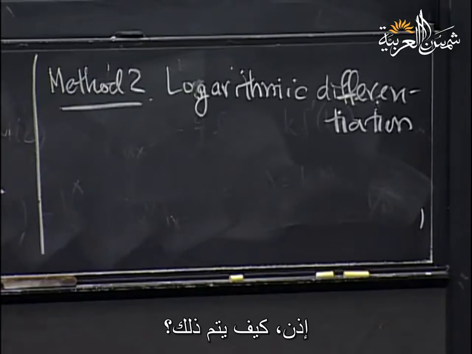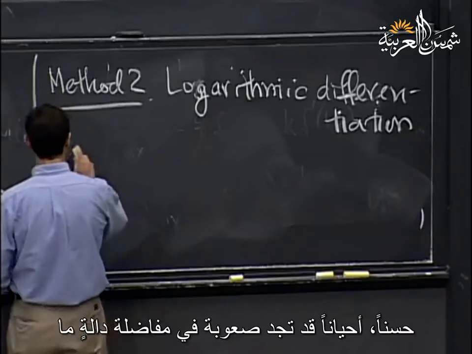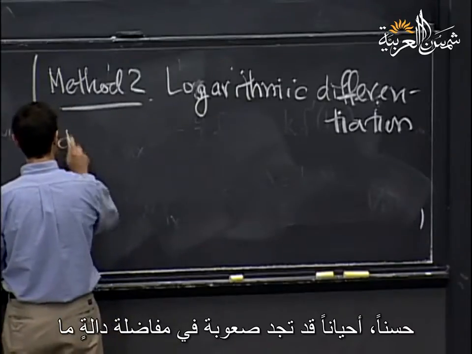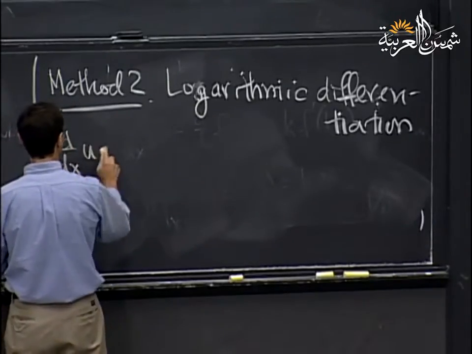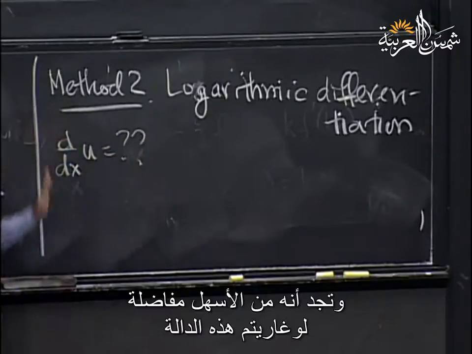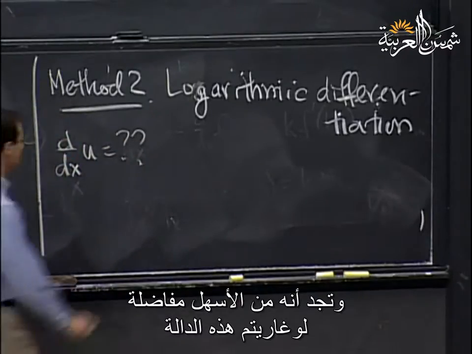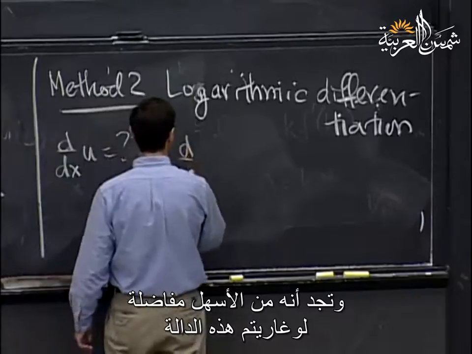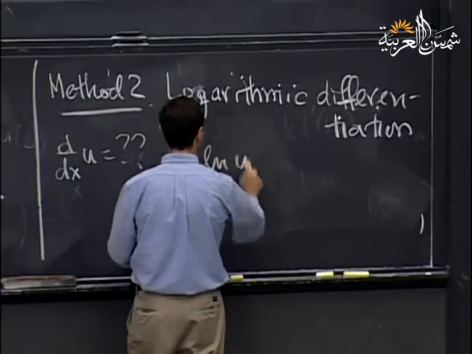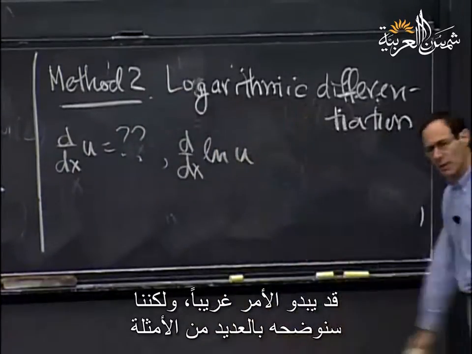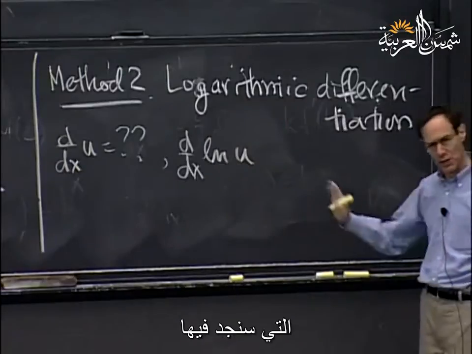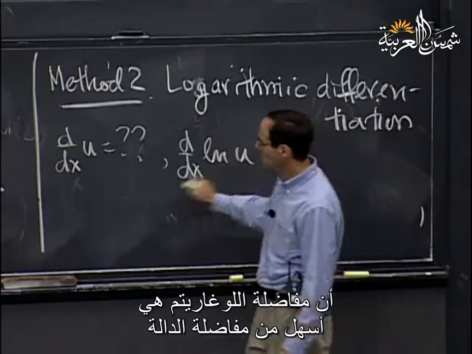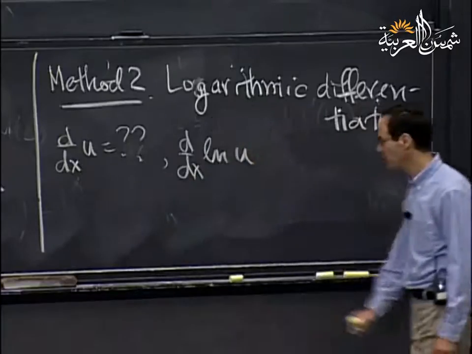All right, so how does this work? Well, sometimes you're having trouble differentiating a function, and it's easier to differentiate its logarithm. That may seem peculiar, but actually we'll give several examples where this is clearly the case, that the logarithm is easier to differentiate than the function.